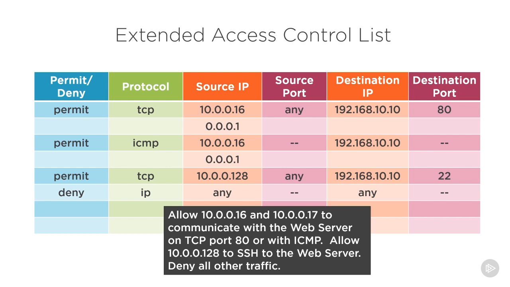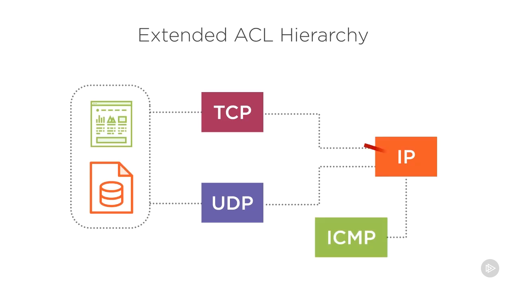Now, why did I pick IP there and not UDP or ICMP or TCP? Well, if we go back to our protocol hierarchy, if I deny an IP message, what that means is that I'm also going to be denying ICMP because all ICMP messages must use IP. We're going to deny all TCP messages because all TCP messages must use IP.